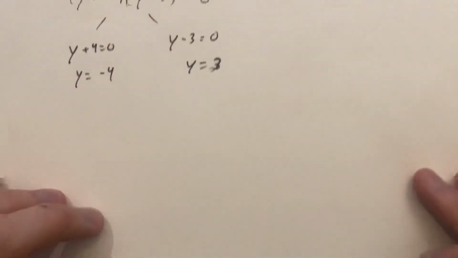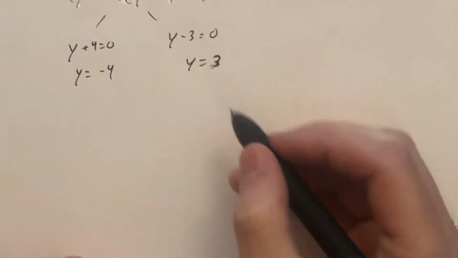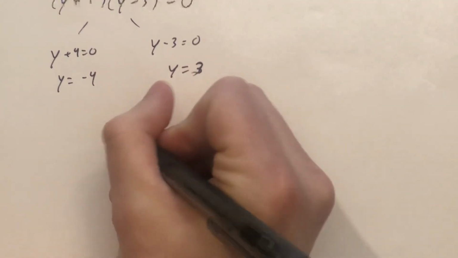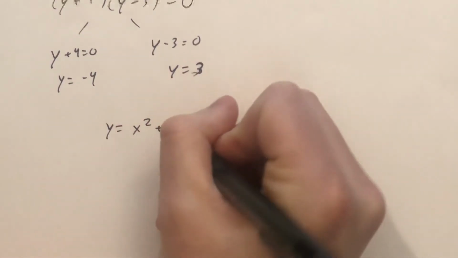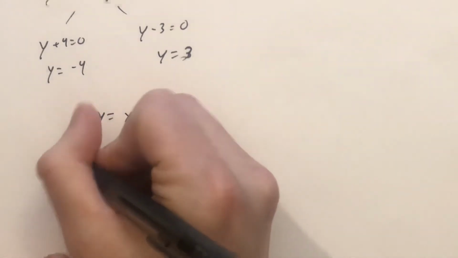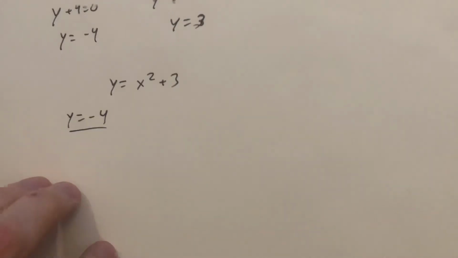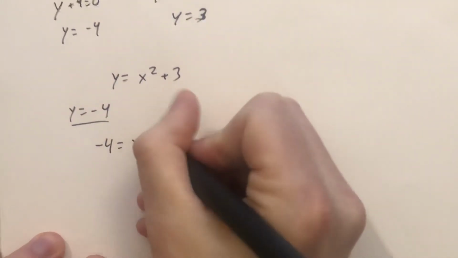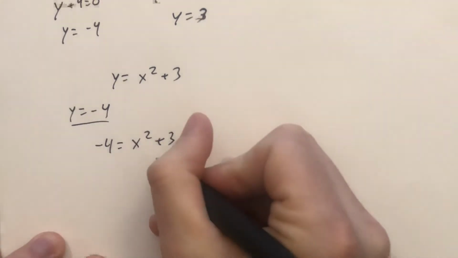So with that being said, we'll take these values and plug them into our parabola function. So our parabola function was y equals x squared plus 3. So plugging in the negative 4, we'll start with checking solutions for that. So for negative 4, negative 4 equals x squared plus 3.